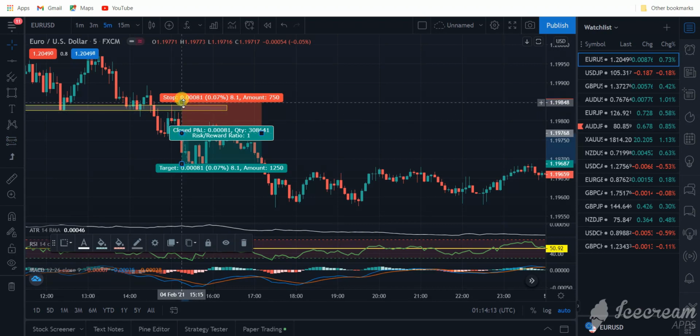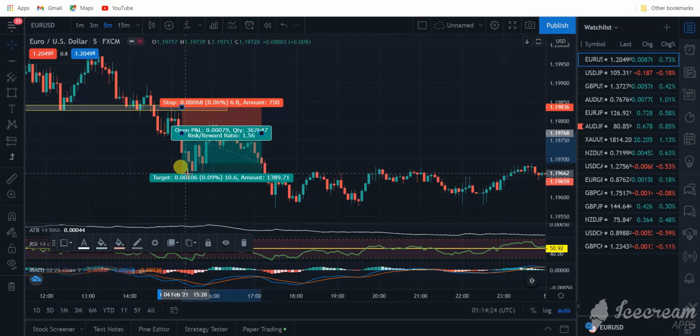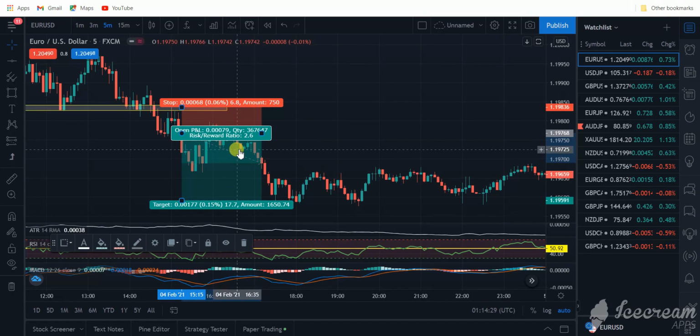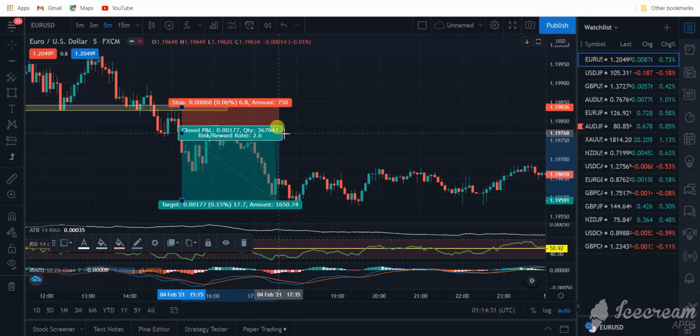So we'll take a trade here for a 68 pip stop. And like I said, a 1-to-1.5, a 1-to-2, or you can trail your stops if you want to. As you can see, a 1-to-1.5 was a win, a 1-to-2 was also a win.